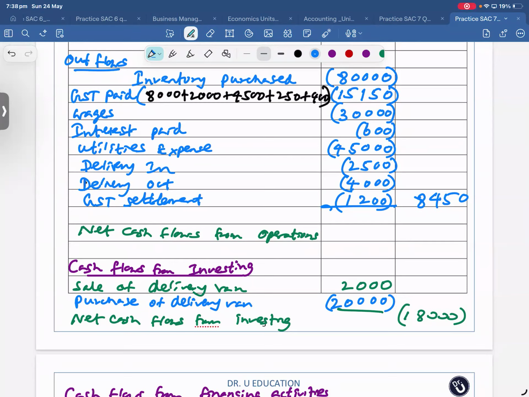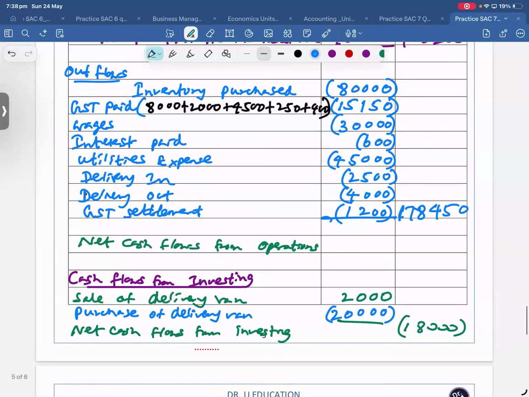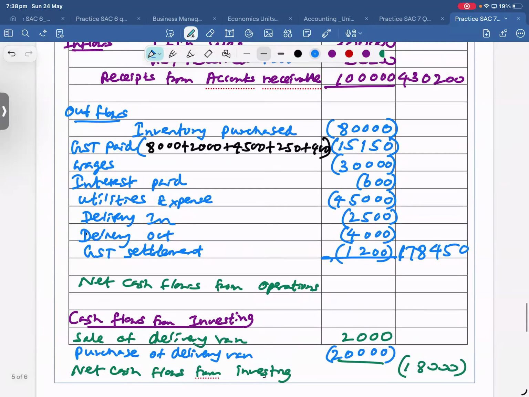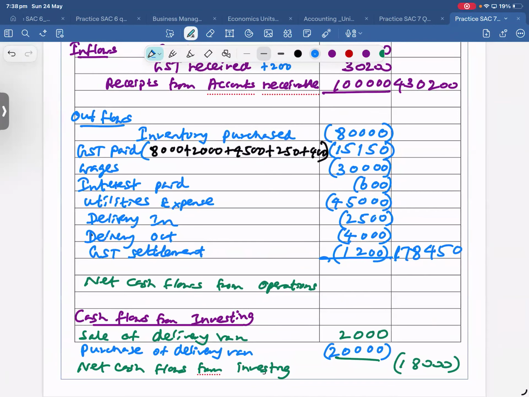Is this amount correct? 178,450. Yep. Then, guys, we have the net cash from operations.